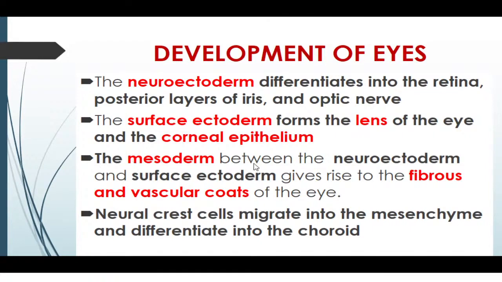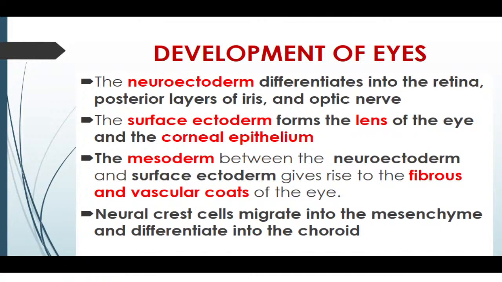The mesoderm between the neural ectoderm and surface ectoderm gives rise to the tunica fibrosa, the fibrous layer, and the vascular coat of the eye, tunica fibrosa and tunica vasculosa. They are derived from mesoderm, but originally it is ectomesenchyme. All mesenchyme in the head arises from the neural crest.